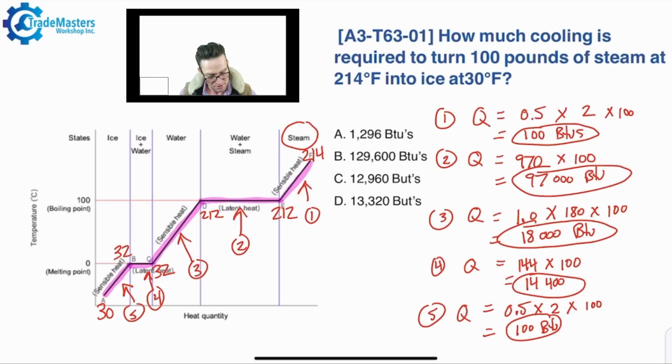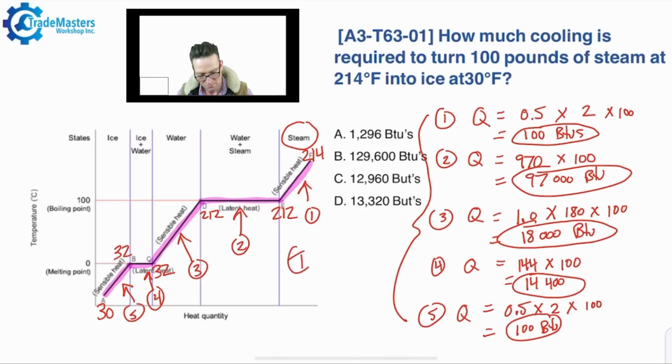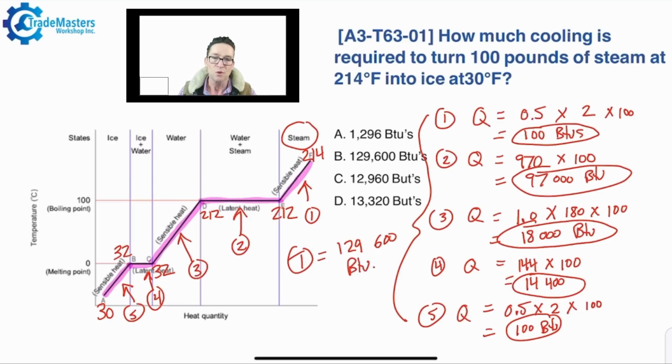And finally, 100 BTUs in step 5. So when all of these are added up, the total is equal to, by my calculation, 129,600 BTUs. So we know our answer is going to be B, 129,600 BTUs.